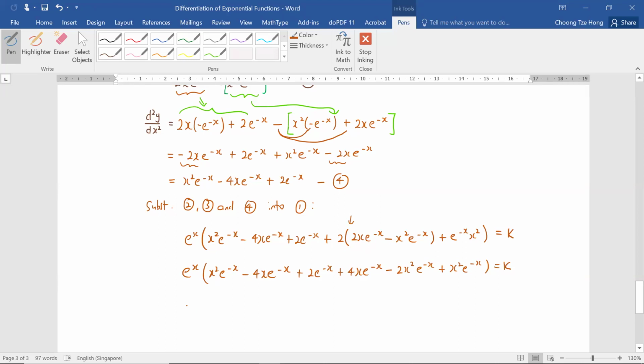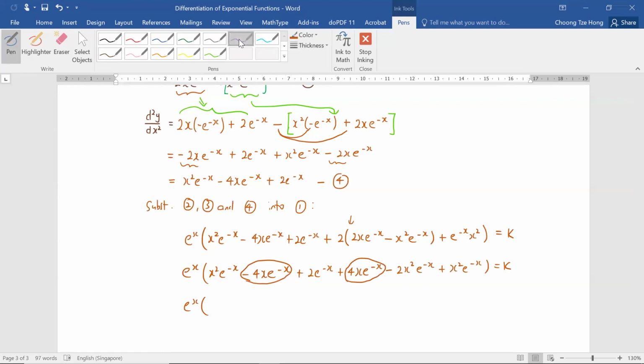Okay, then let's group the like terms together. You can see some terms going to cancel off already. For example, this one and this one are going to cancel off, right? So there'll be no more terms with the x in front. Then let's see about the x squared term. The x squared term will also cancel off because this one, maybe I use another color.